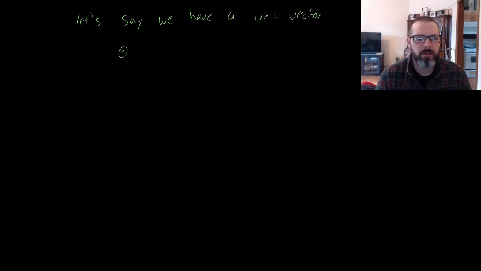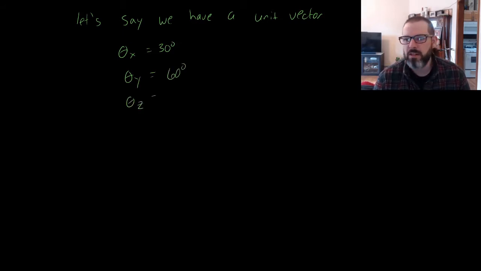Now, let's say we have a unit vector where theta x equals 30 degrees, theta y equals 60 degrees, and theta z equals 12 degrees. What I would want to know is, is this a unit vector?